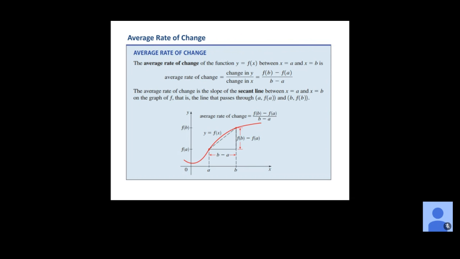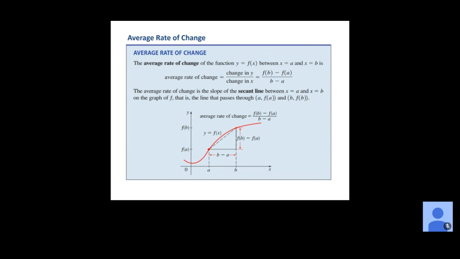Now, what does that formula look like? Think about things we've looked at in the past. Does that look like anything we've seen before? It's slope, right? So average rate of change, we're just looking at the slope between any 2 points. Now, in terms of a function, this is what we call a secant line.